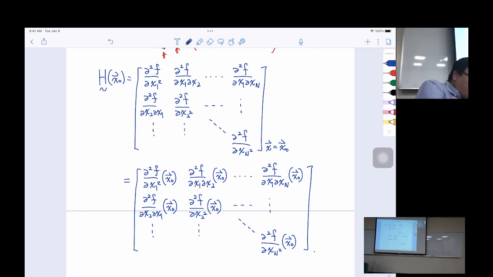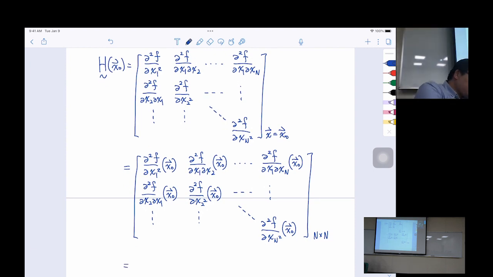This is an n by n matrix. Okay. So how do we write it down in a matrix form? It requires two summations.